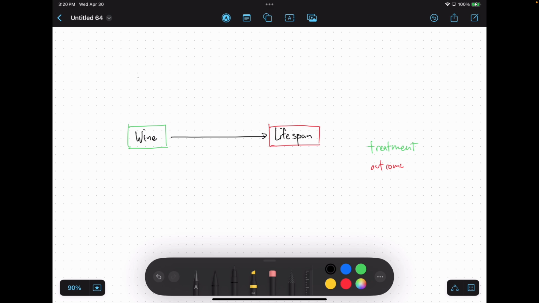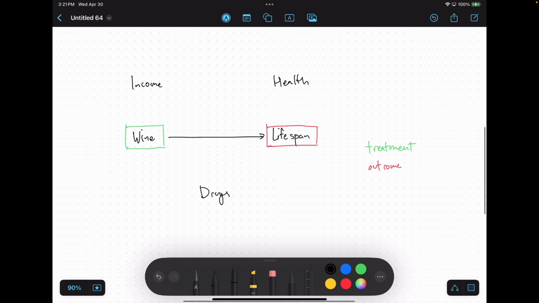We've got, let's say, data about income, about health, and maybe something about drugs, how much drugs people are taking. Okay, and then obviously we might also have our sort of latent variables.